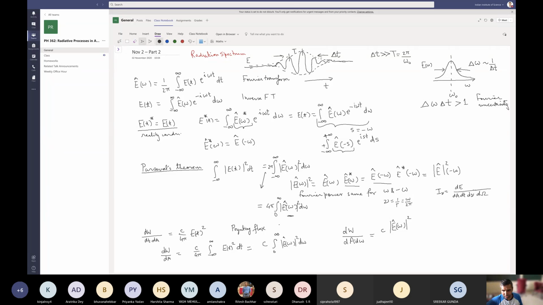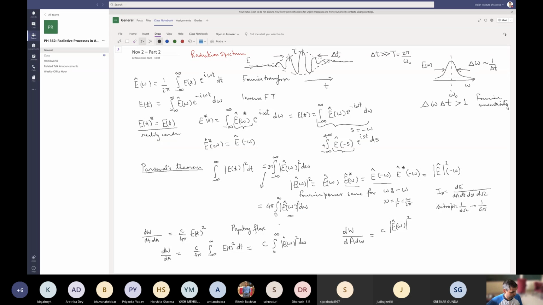But what we want is energy per unit area per unit time per unit frequency. And the solid angle, for isotropic waves, you can actually replace 1 by d omega by 1 by 4 pi. So that part we don't have to worry so much about. But what about this 1 by dt?